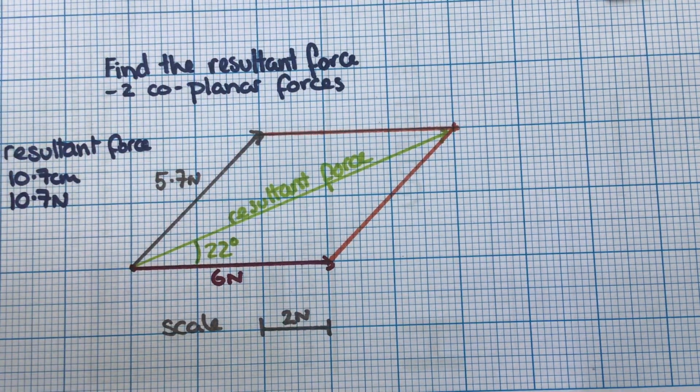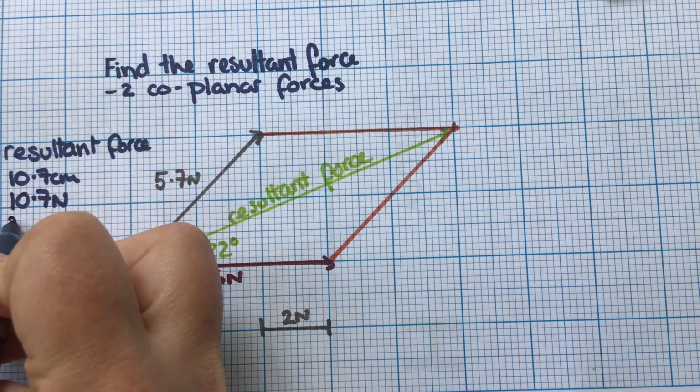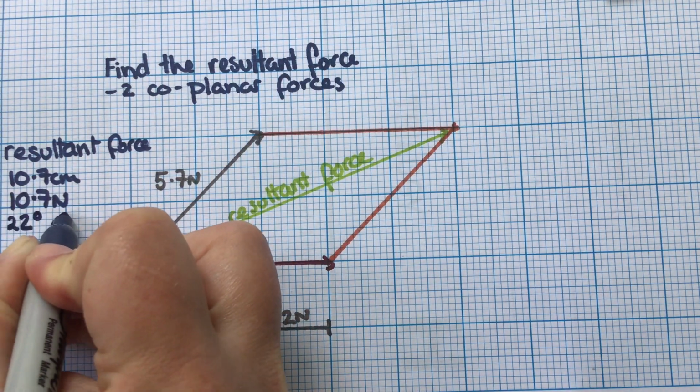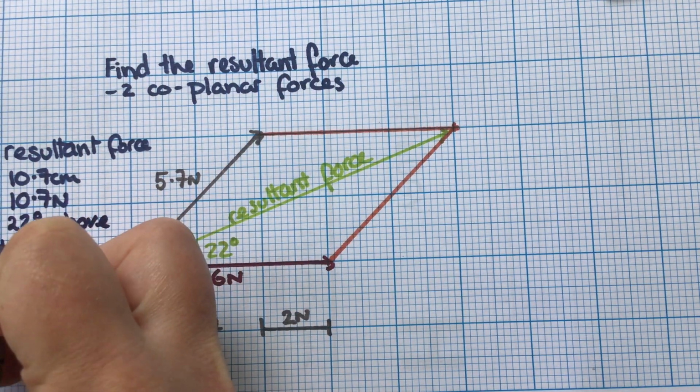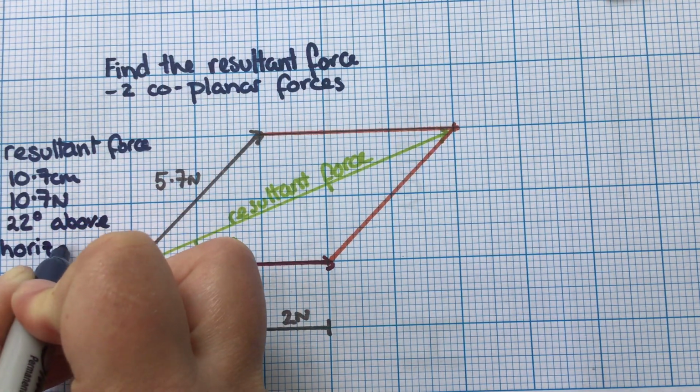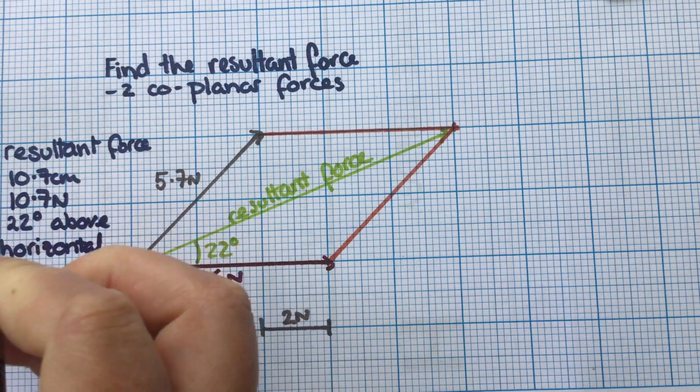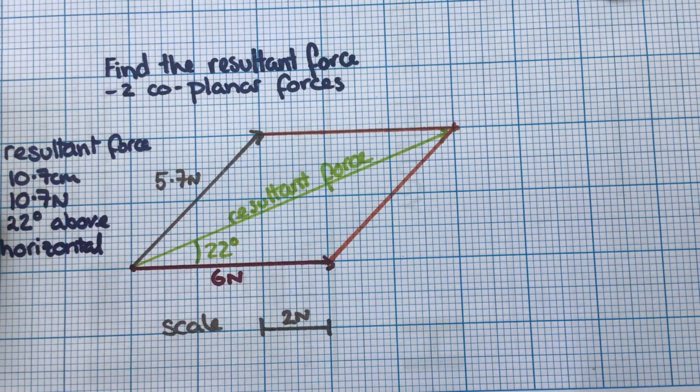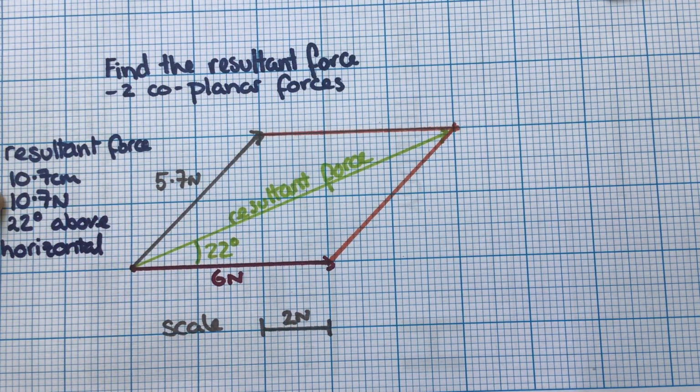And then over here where I'm giving my answer, 10.7 newtons, 22 degrees above horizontal. So I found the magnitude of the resultant force in newtons and I've given the direction. So this is now complete.